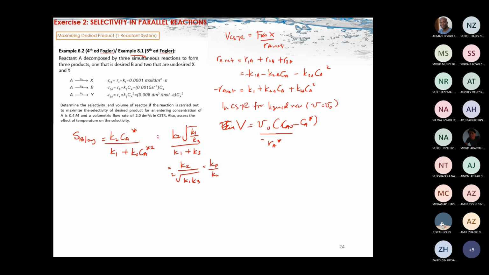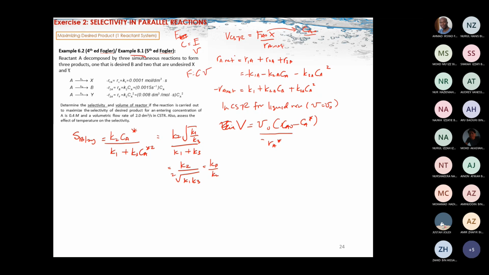Okay, remember what is FA0? FA0 is CA0 times V0. Okay, so kalau F is equal to C darab dengan V, so that's why dia jadi macam ni.